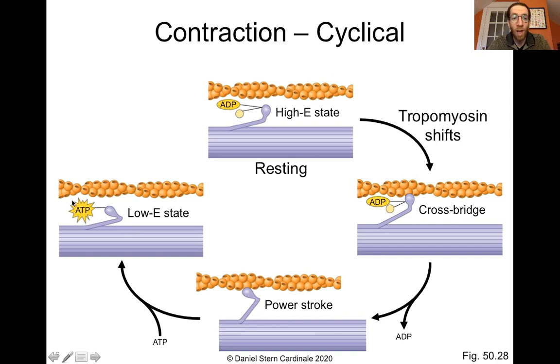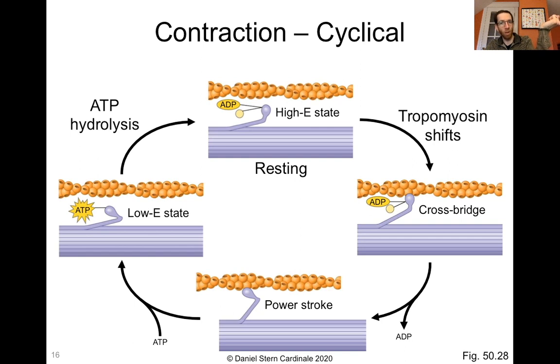The problem is ATP is not a low energy molecule, and ATP will spontaneously hydrolyze to ADP and inorganic phosphate. So the final step is that hydrolysis, which shifts the myosin head from the closed conformation back to the open conformation. Now it's got ADP associated with it. This is an unstable high energy state, and if the myosin binding sites are available, it will reach out and form another cross bridge.